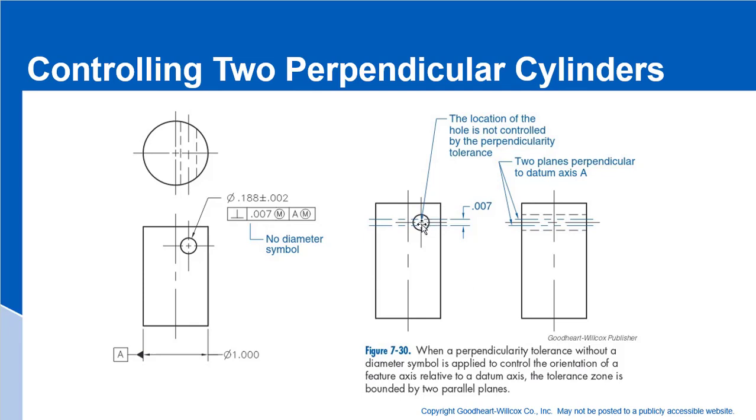What this establishes is two planes, the 7/1000th perpendicularity. It establishes two parallel planes through which the center line of the hole must act. So we have 7/1000ths at MMC, and that establishes these two parallel planes through which the center axis of the hole must fall.